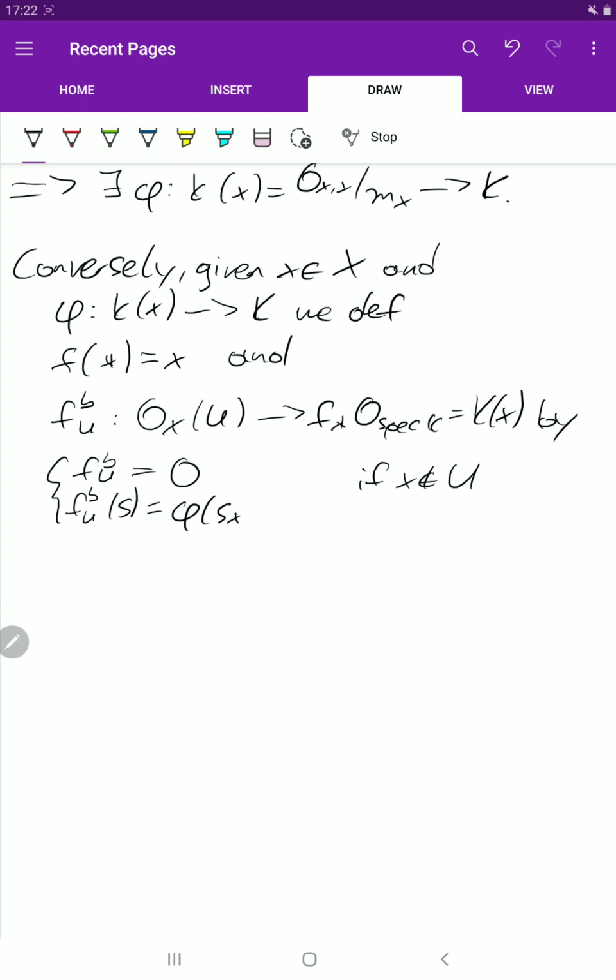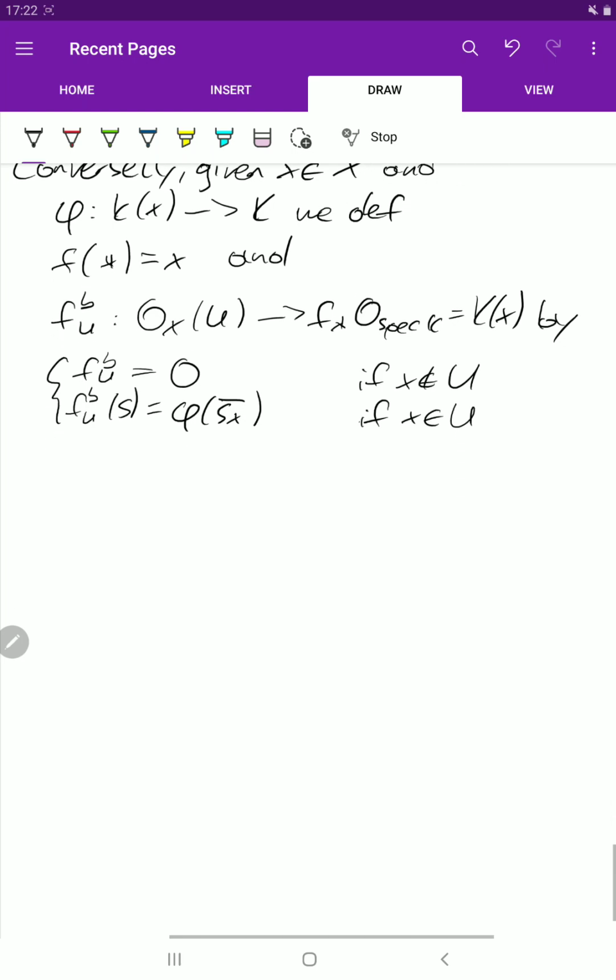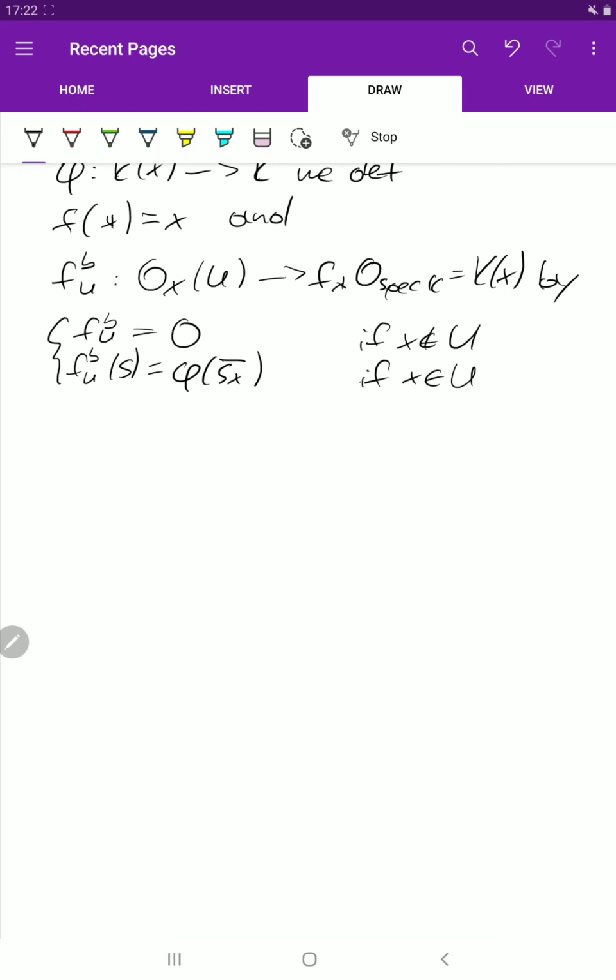Well, we first send s to its germ s_x in the stalk, and then to the residue class modulo the maximal ideal, and then we apply phi. So s_x bar is the class of s_x in the stalk in k(x).